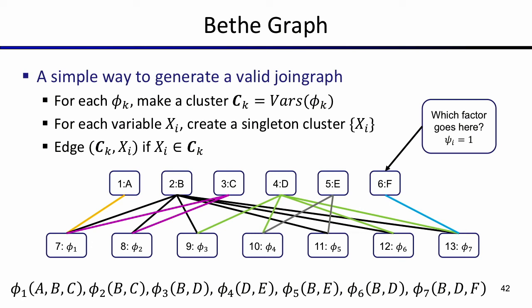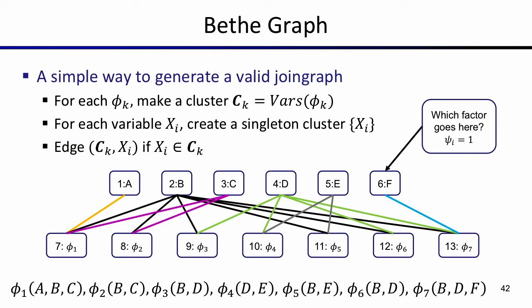Because the separators are so small and the clusters are so small that the interactions between the variables will be lost in the inference process, so the approximation will not be good for most networks. But anyway, it's going to be a very simple way of generating join graphs for Markov networks, for instance, that we have not seen before.